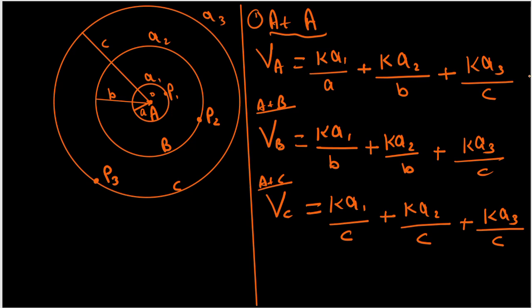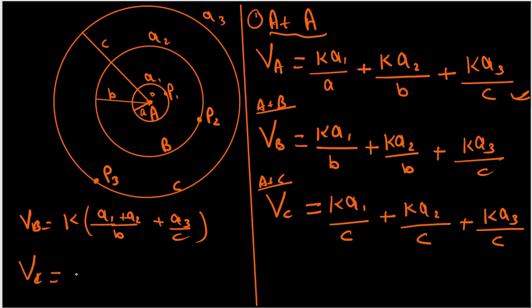So VA remains K Q1 by A plus Q2 by B plus Q3 by C. When we write potential at B, taking K common, it is Q1 plus Q2 divided by B and plus Q3 divided by C. Similarly, for VC, K common, Q1 plus Q2 plus Q3 divided by C. Now let's choose the correct option.